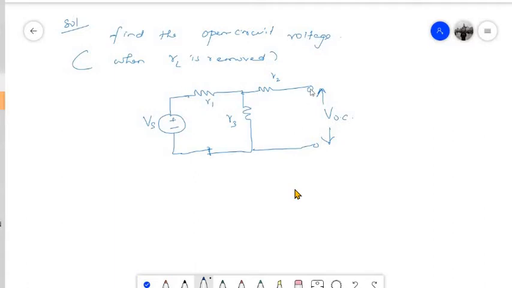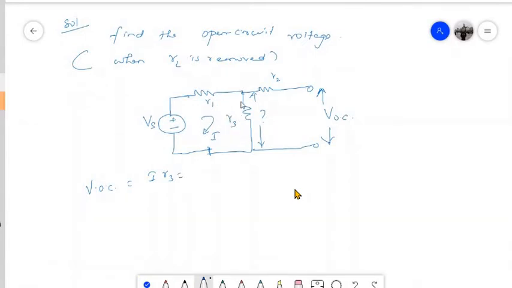So the voltage between these two terminals, now if you see here, how to find the voltage across this resistance R3, let's say you consider a loop current I. So this will be nothing but I times R3, and what will be this I?